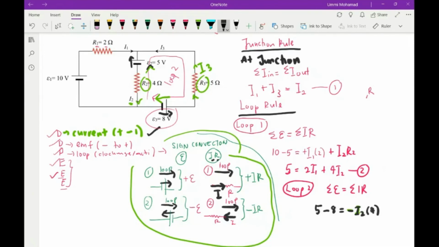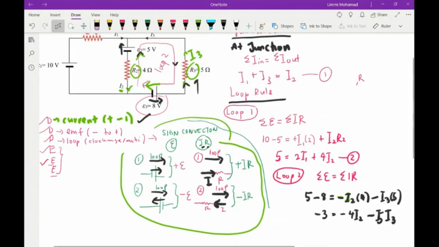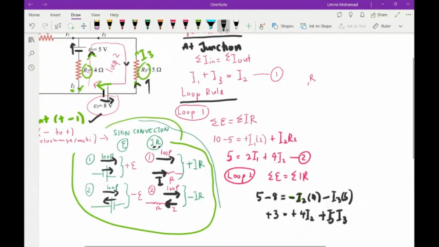For R3, this is the direction of loop and this is the direction of I3. Again it is opposite, so negative I3 times 5. Now we simplify the equation. It's going to be negative 3 equal to negative 4 I2, negative 5 I3. Class, everything is negative, so you can just convert it into positive. Now we get our third equation.